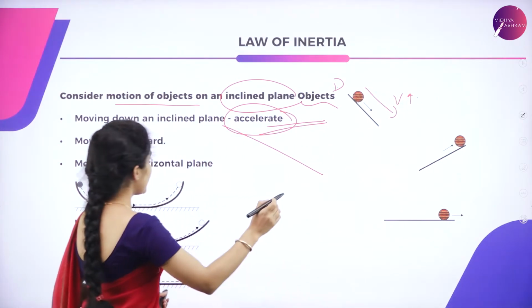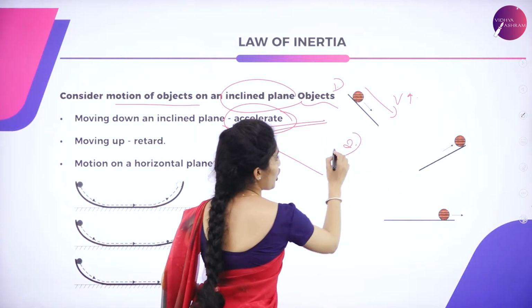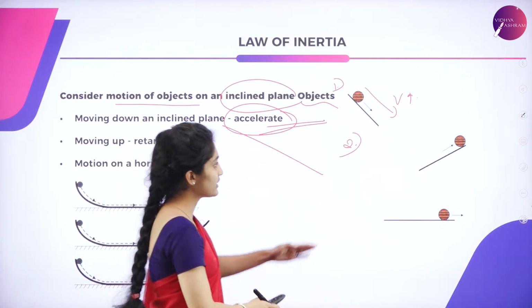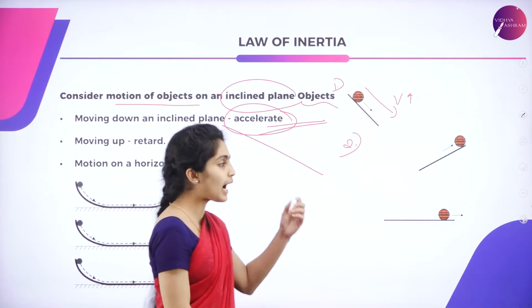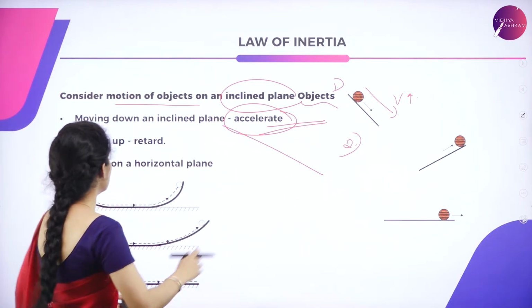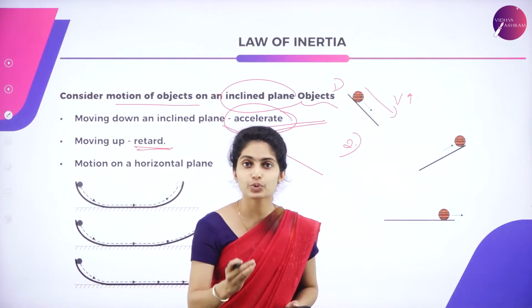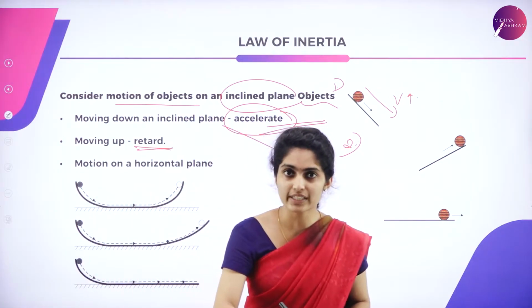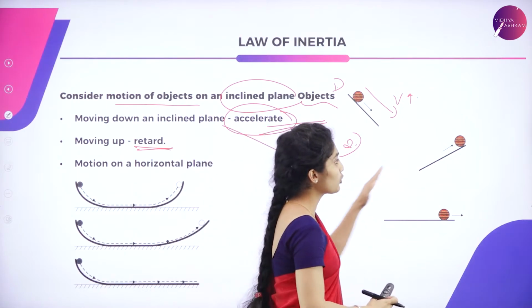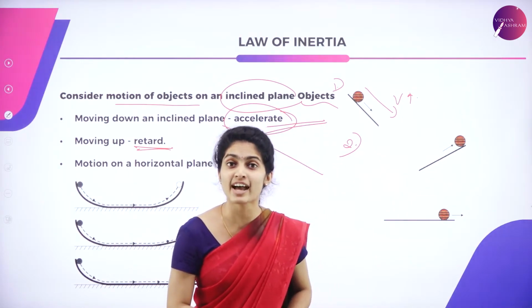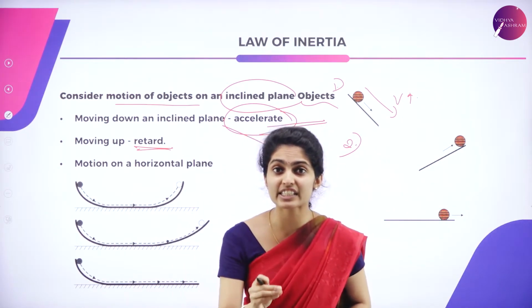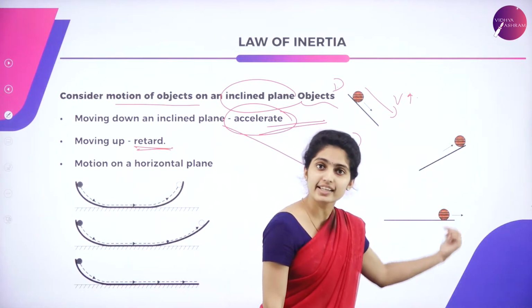Next is moving up. The object is moving up the inclined plane. What happens to the object when it moves up? It gets retarded, because the acceleration due to gravity is acting downwards while the object is moving upwards. So there is negative acceleration, that is, a decrease in velocity.